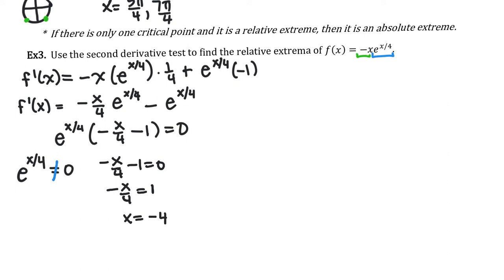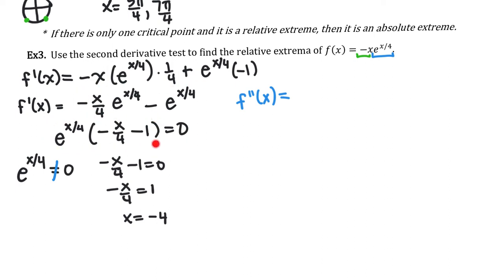Okay, so let's do the second derivative to determine whether this is a relative minimum or maximum, but because there's only one critical number, it would also mean it's an absolute minimum or maximum. Okay, let me do the second derivative. Let's see. I think I'm actually going to take it from this step. I could do it from this step, but this one's kind of set up for the product rule.